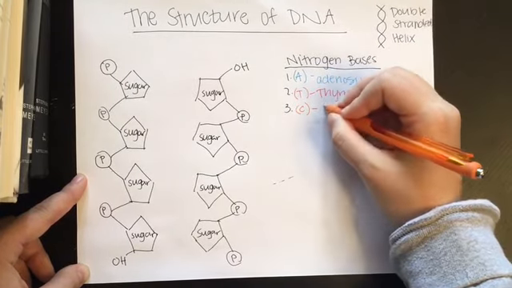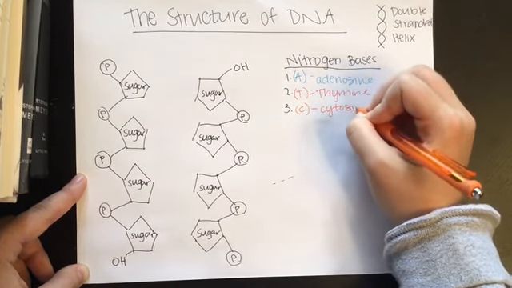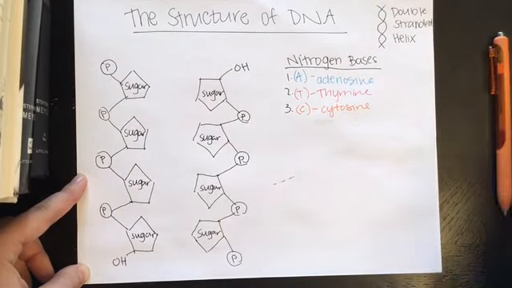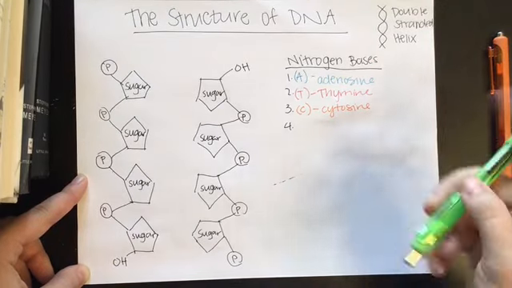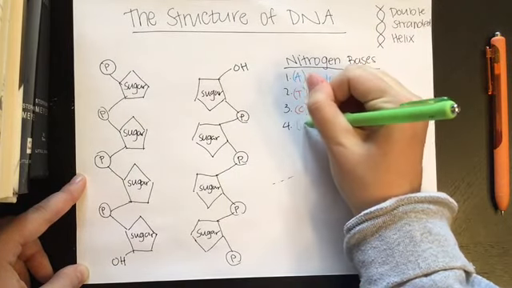We represent that with a C. And 4, we have guanine. And we represent that with a G.